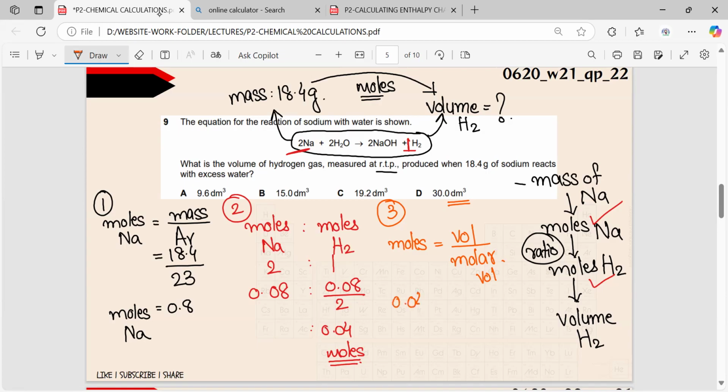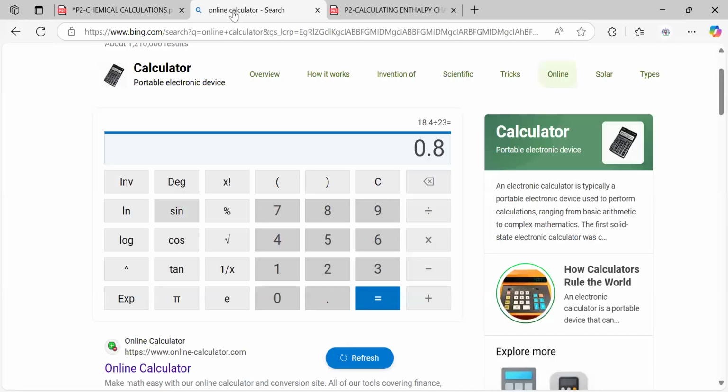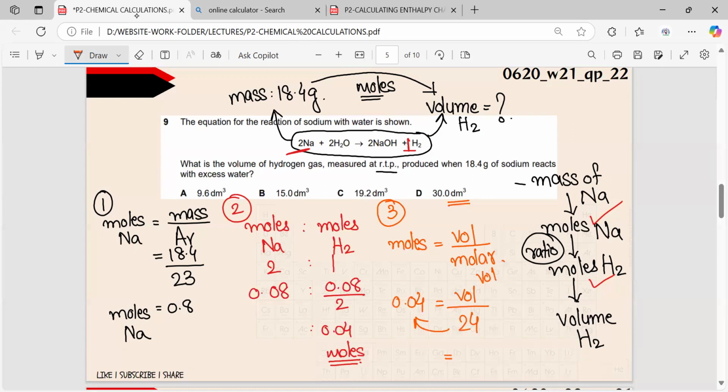Moles of hydrogen 0.4, volume we have to find divided by molar volume 24. We can take it on this side and multiply with 0.4.